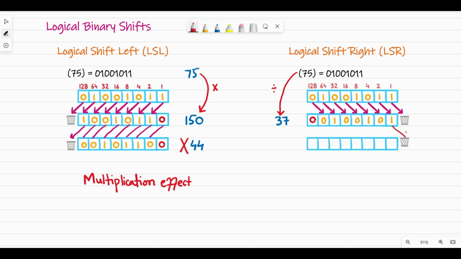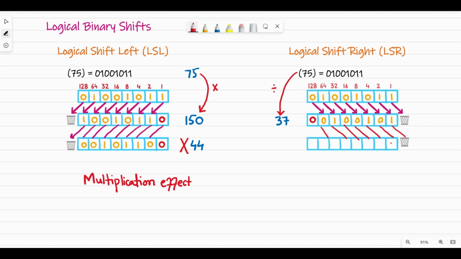So the rightmost, the least significant bit, will be in the trash, then this, then this, then this. Always remember, the right shift starts from the right hand side, the left shift starts from the left hand side.